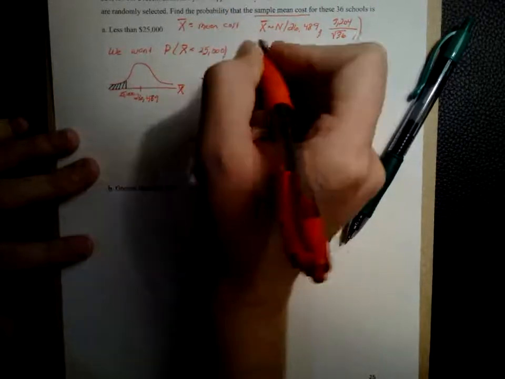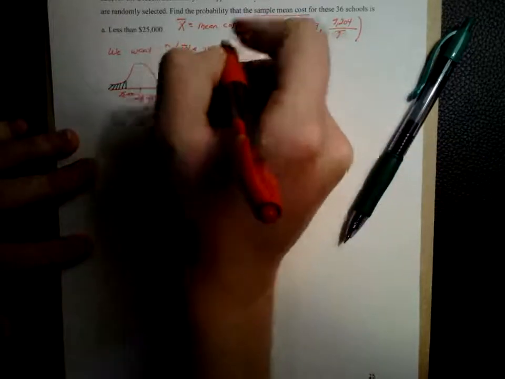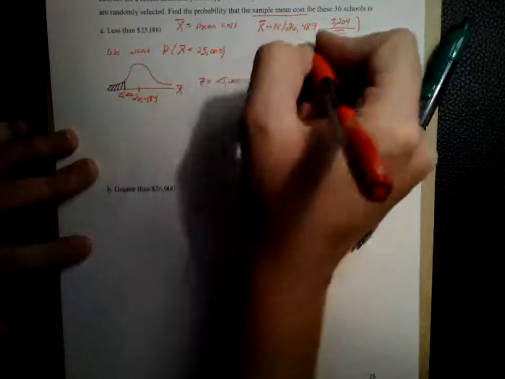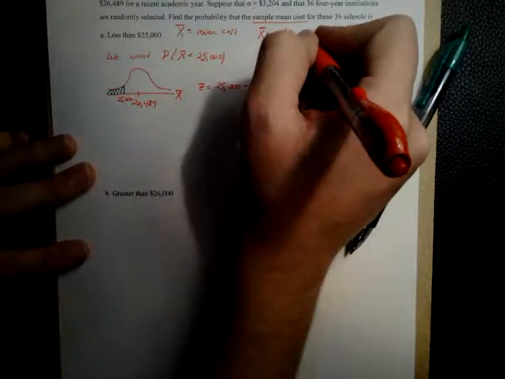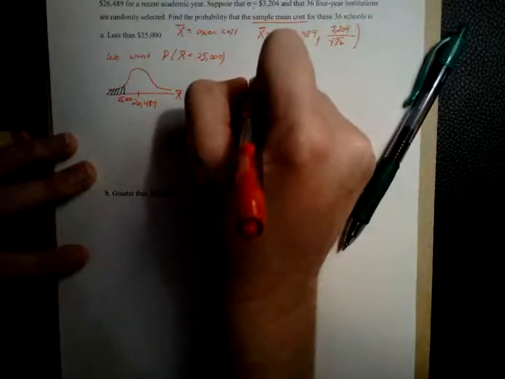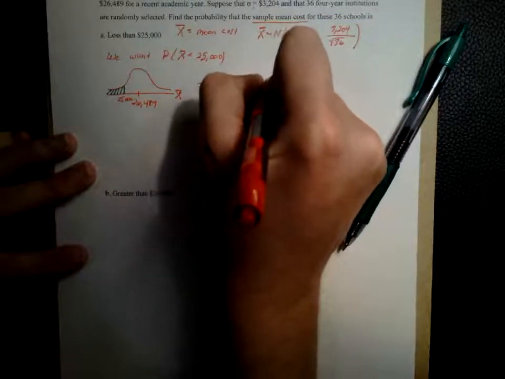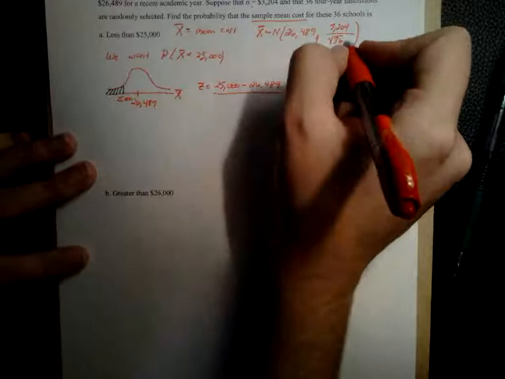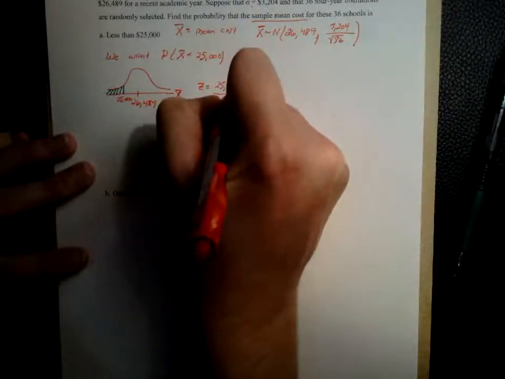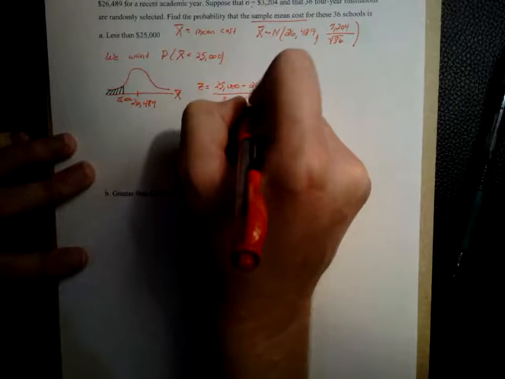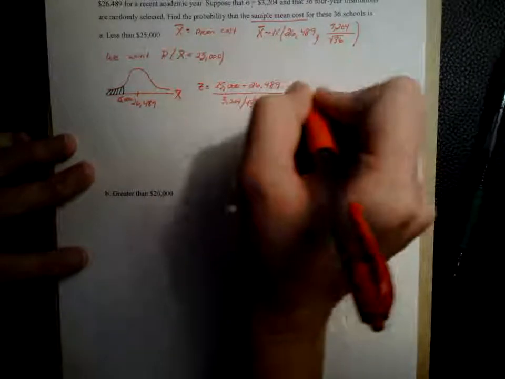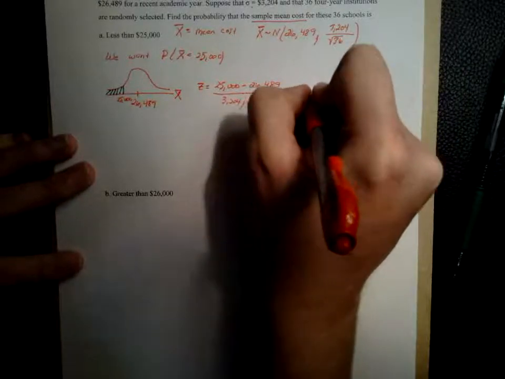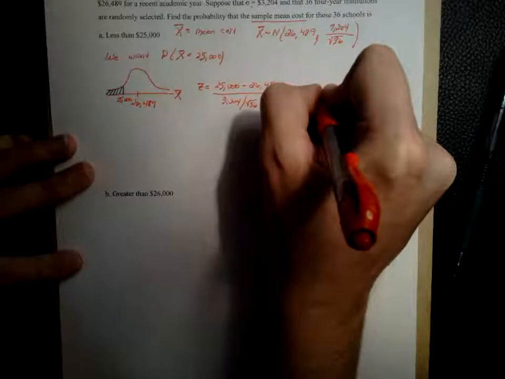Z is equal to the sample mean we're interested in, 25,000, minus the mean of the sample means, so it's just the overall mean of 26,489, and then we divide by the standard deviation, which is 3,204 divided by the square root of 36. And if we do that to 2 decimal places, this z-score is negative 2.79.